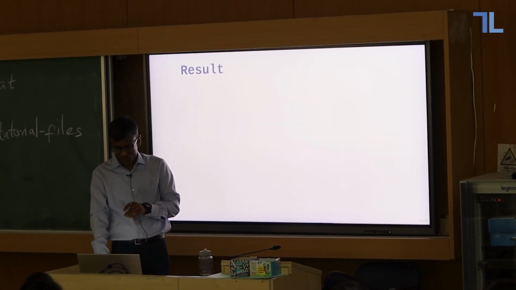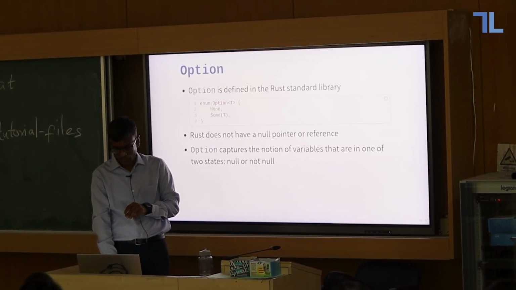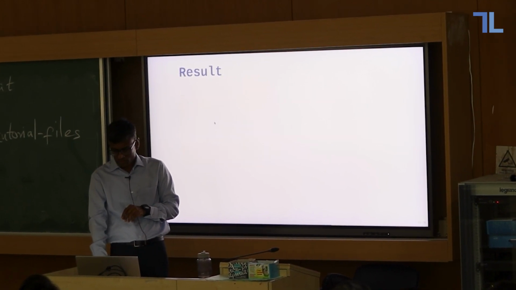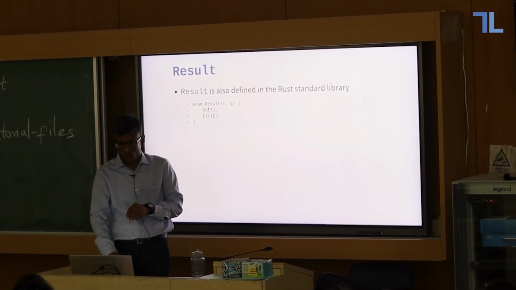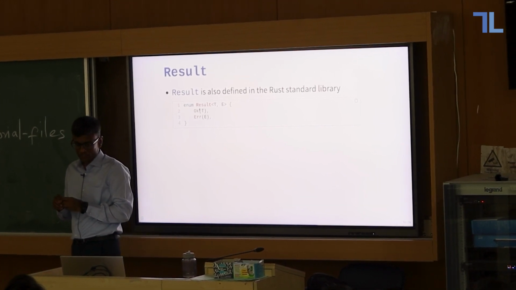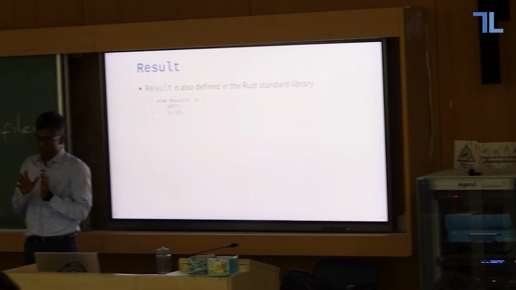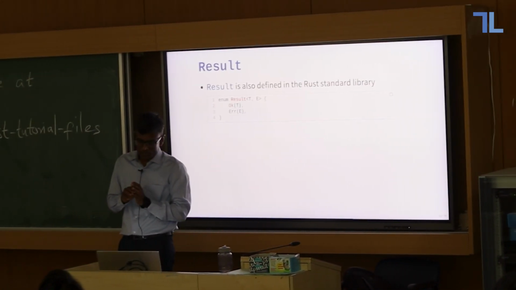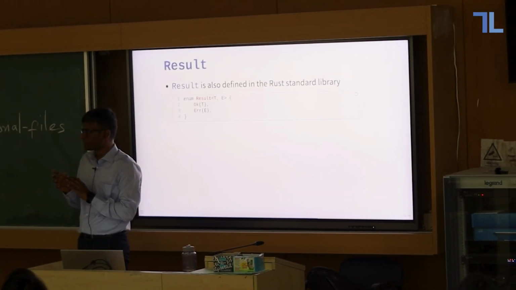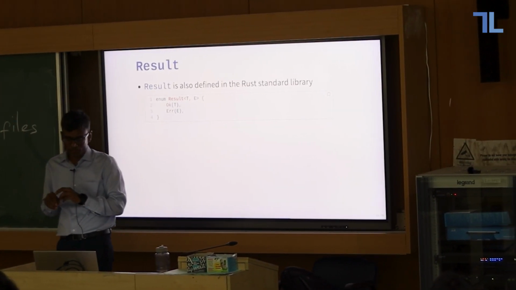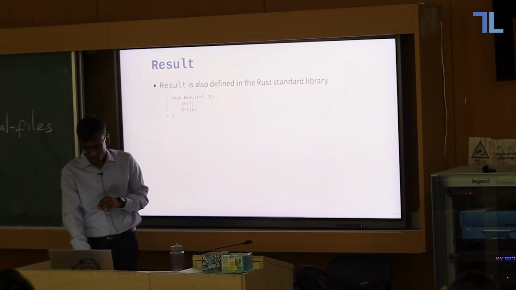So is result. What is result? So here it is the difference between null and something. Result is going to model a variable which can take two values: one is correct execution or error. Sometimes the error can be modeled as a null value, but sometimes the error itself can have multiple types.